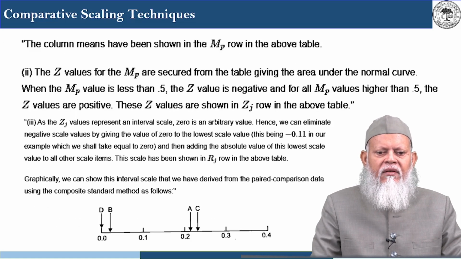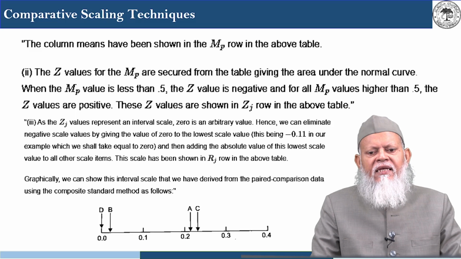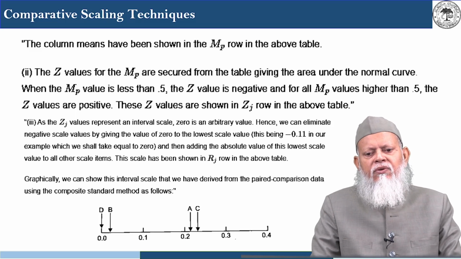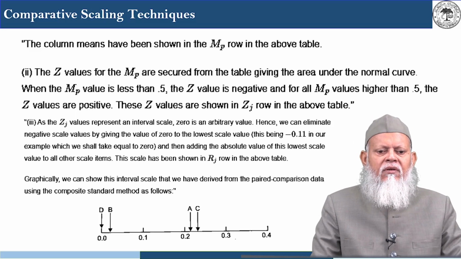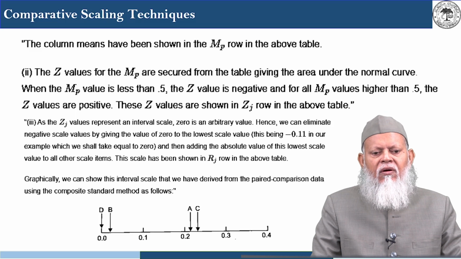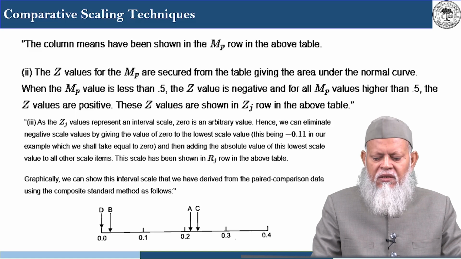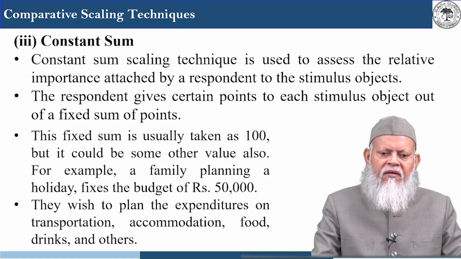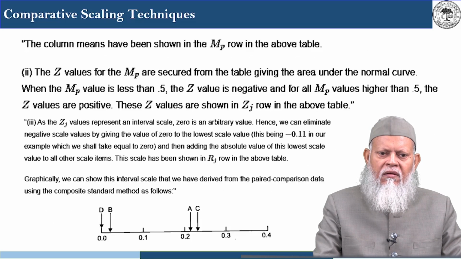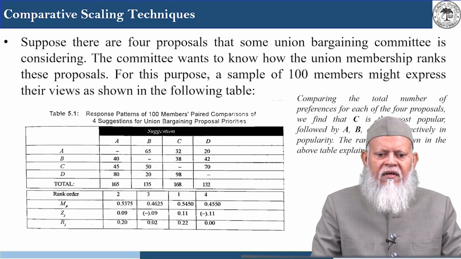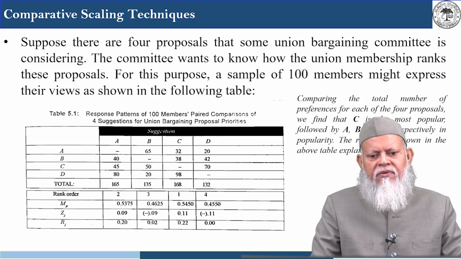In our example we take this as equal to 0, and then add the absolute value of this lowest scale value to all other scale items. The scale has been shown in the Rj row in the above table. Take out the table, and here we have the Rj values.